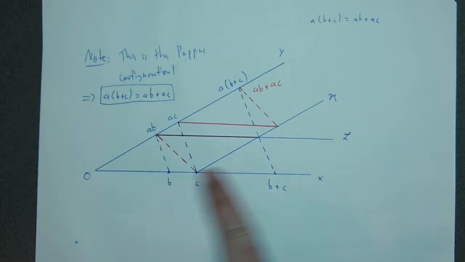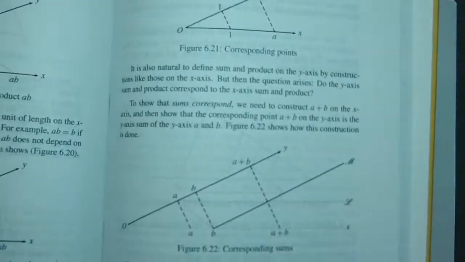Now, we have actually seen a very, very similar diagram to this previously. I didn't draw it out here, and the reason is because I knew I would be doing this for the distributive property. When we did interchangeability of the axes, I showed you this diagram.